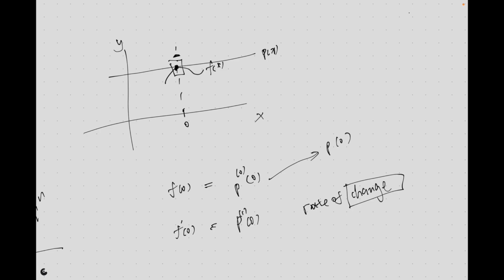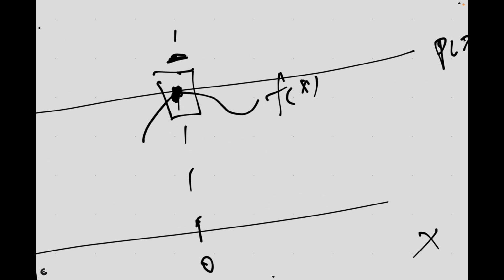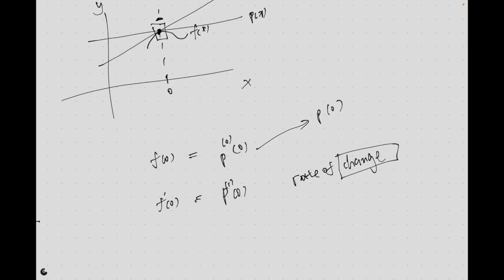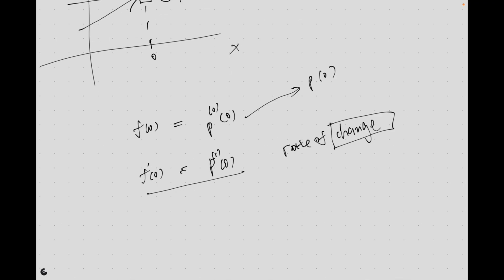So we're trying to get this function like the polynomial like this. p of x prime. So if the rate of change is similar, isn't it a better approximation than just having the value be the same?